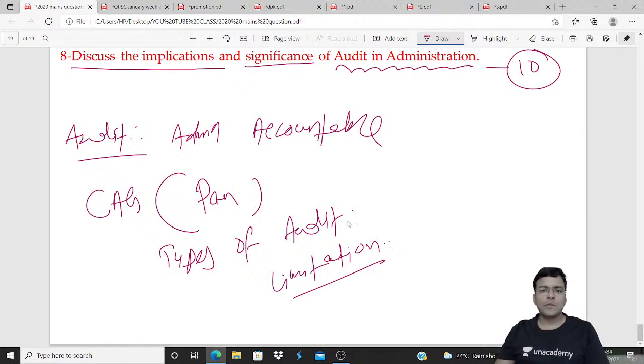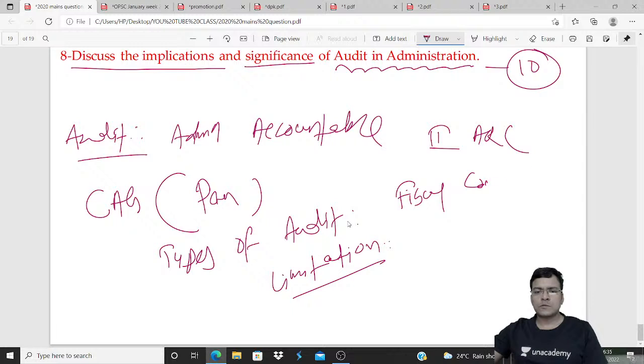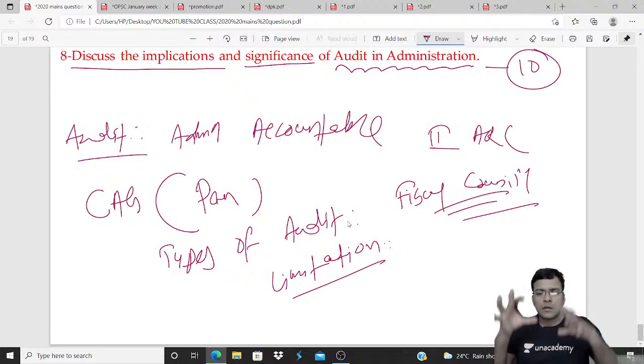So you have to write limitation of role of CAG. Second ARC, the concept of fiscal council, and how through audit the parliament controls the executive in financial means, that you have to write.